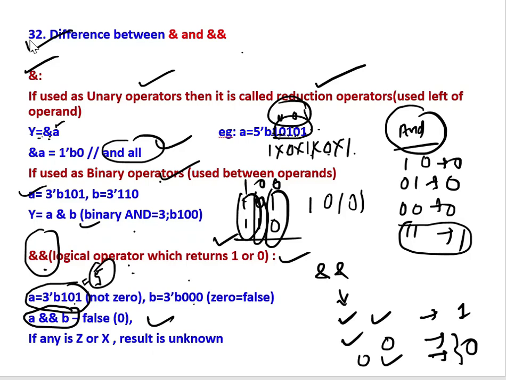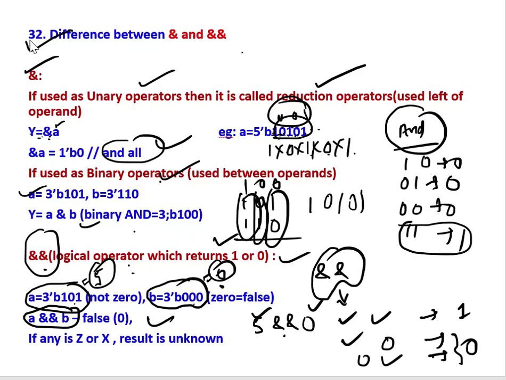b equal to 3 bit 000, and 000 means it is 0. So 0 is false. So what we are doing is like this: 5 double and 0. What the double ampersand gives is 1 if both are true, but here both are not true.